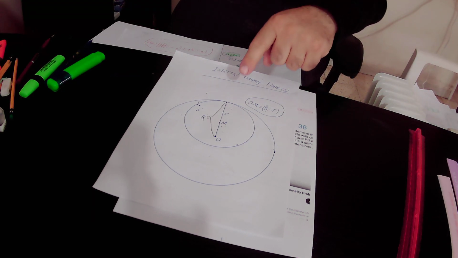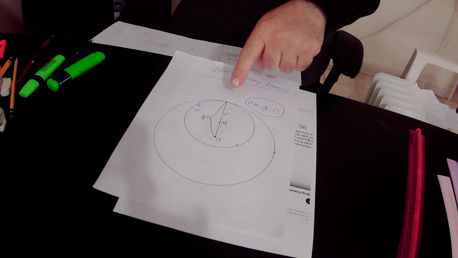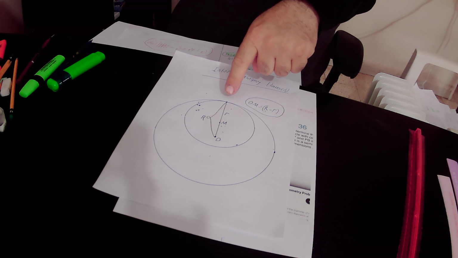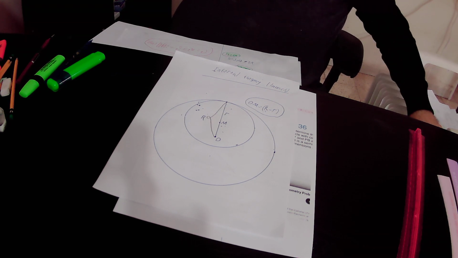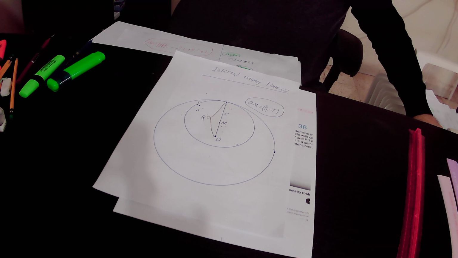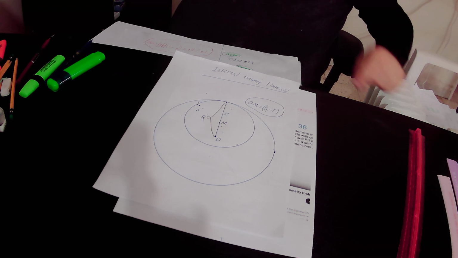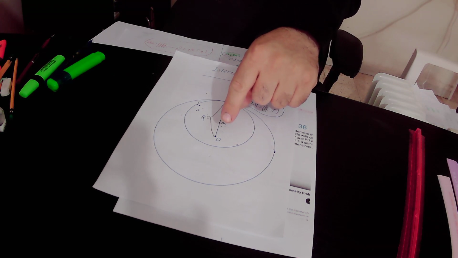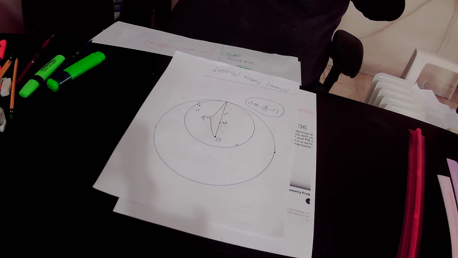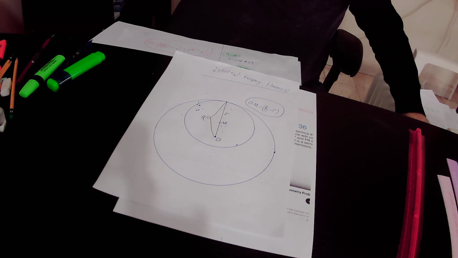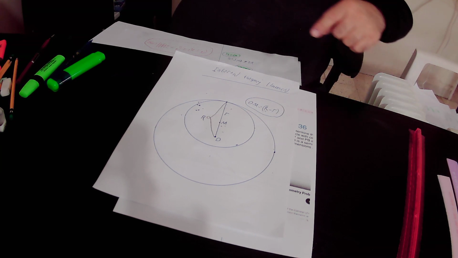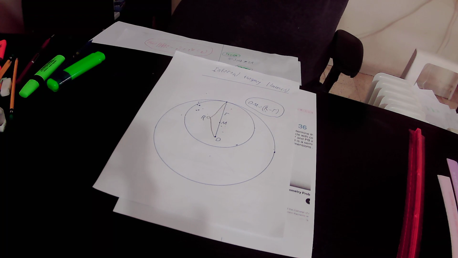Those 2 circles are touching each other internally at this point, this is the point of tangency, and whenever two circles are touching each other internally, then the distance between their centers, that is to say the length of line segment MO, will be equal to the difference between the lengths of their radii. In this case, it will be equal to capital R minus small r.